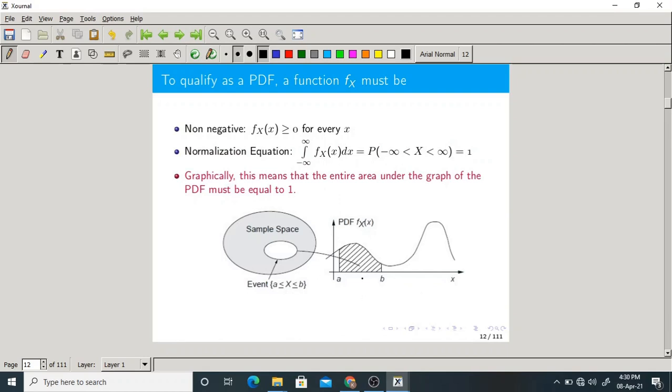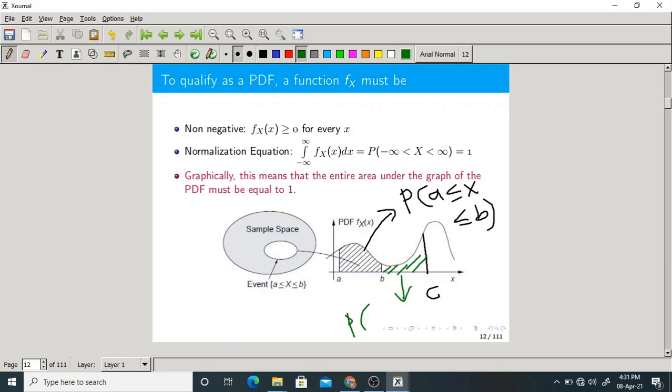Now this is the graphical interpretation of the continuous random variable. Here we are finding the area under this graph from A to B, which means we are getting the probability of random variable x, A less than x less than B. Suppose it is B to C. If you find out this area, what does this indicate?